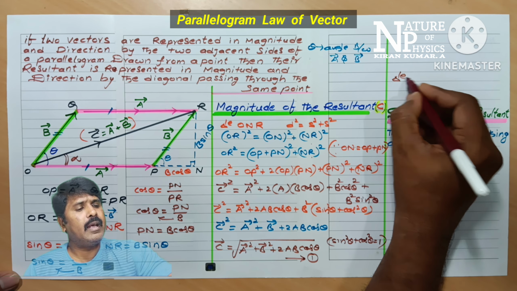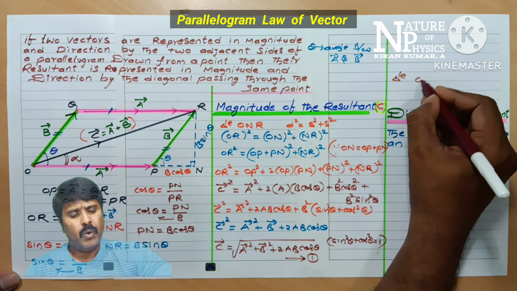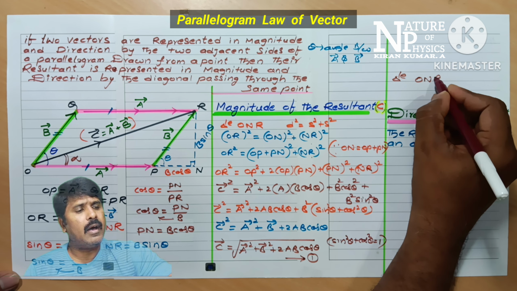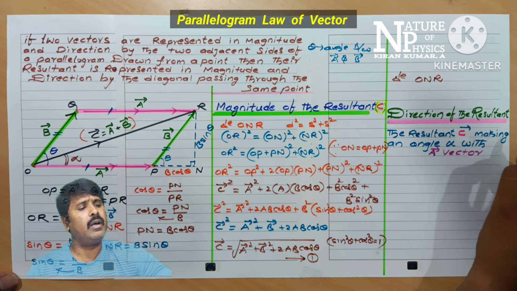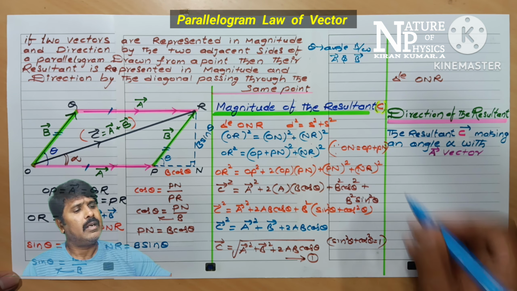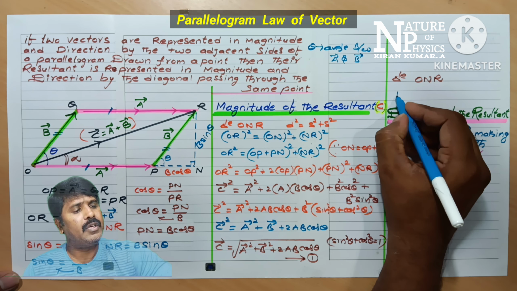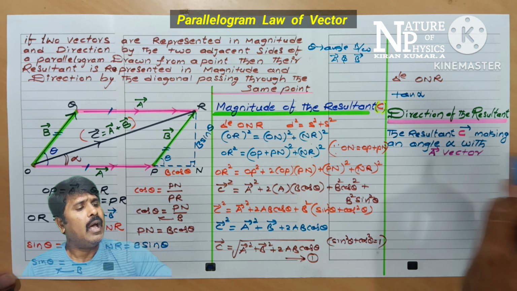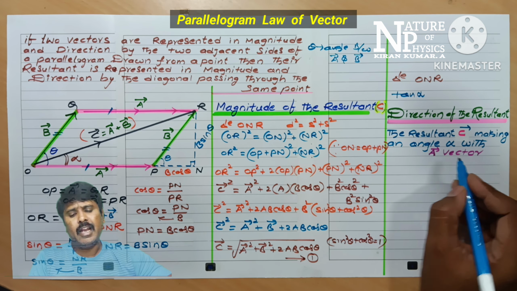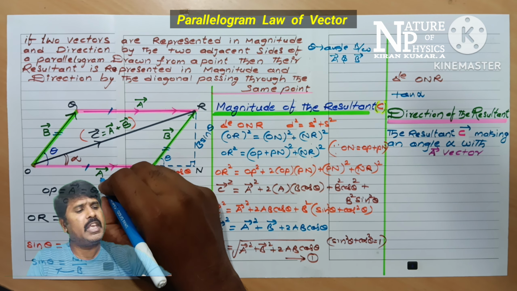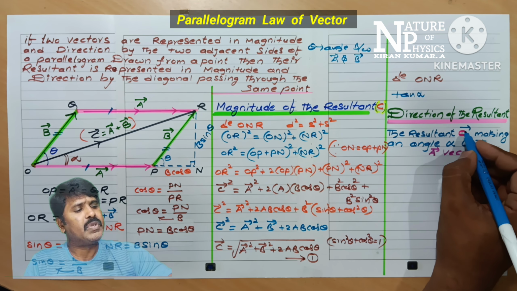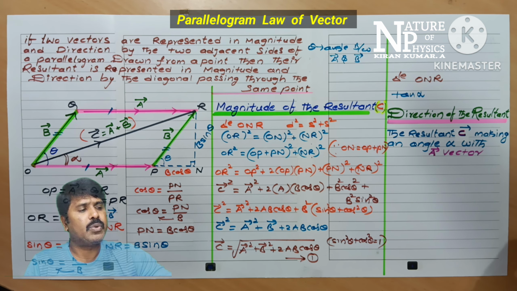The triangle is the same ONR triangle, student. Okay? So here I write tan alpha, where alpha is the angle made by the resultant with the A bar vector. The resultant is considered here as the C bar vector, student.